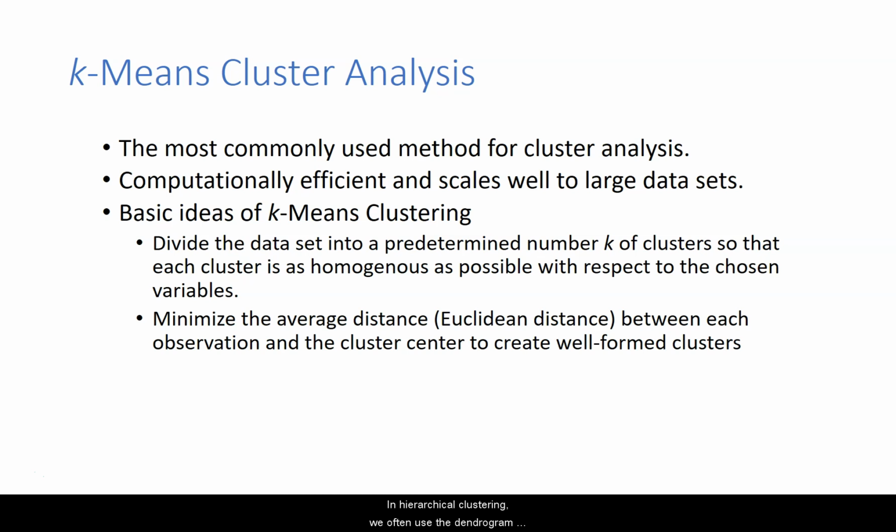In hierarchical clustering, we often use the dendrogram to determine the number of clusters. The fact that we do not have to specify the number of clusters beforehand is appealing because cluster analysis is an unsupervised data mining technique. Therefore, it is impossible to know for sure how many clusters we have beforehand.